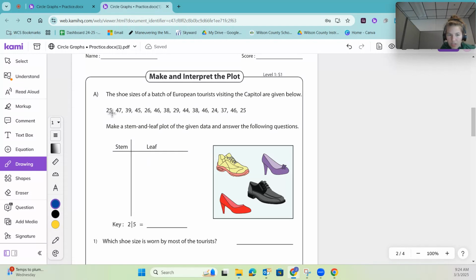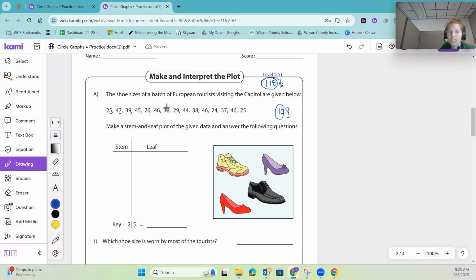So this digit is getting put in the leaf no matter what. Now, if you had the number 108, 8 would be on the leaf side and 10 would be on the stem side. If you had the number 1152, 2 would be on the leaf side, 115 would be on the stem side.